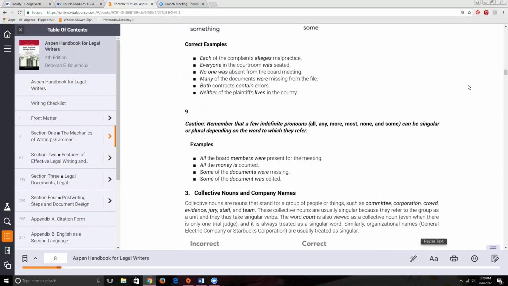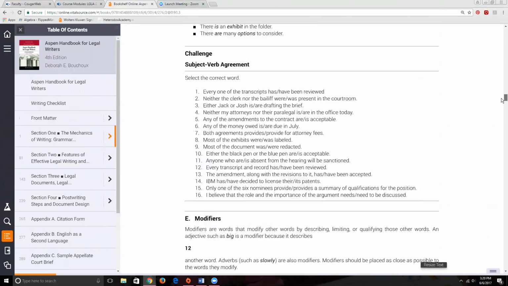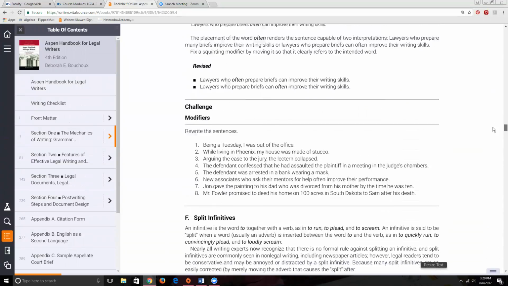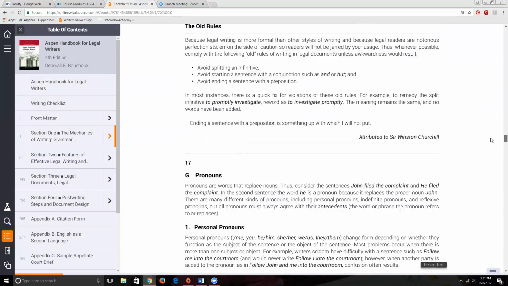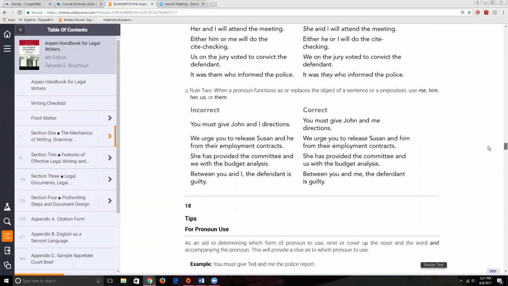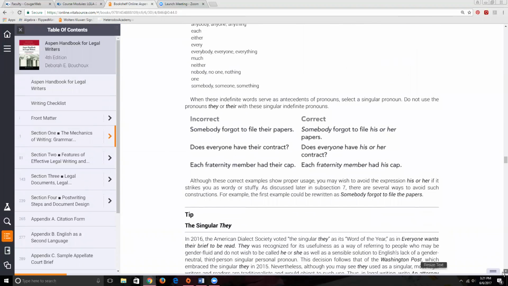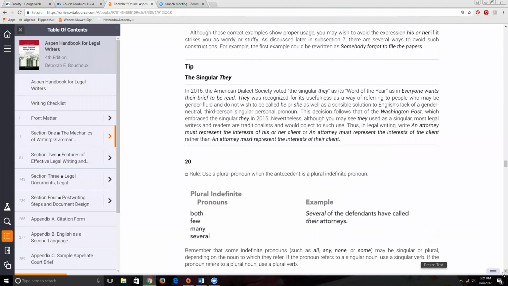But we also need to move ahead to about page 17. So I'm going to advance here to about 17, and we'll see. Here we go. We'll be on page 18. So on page 18 of the 4th edition through page 19.